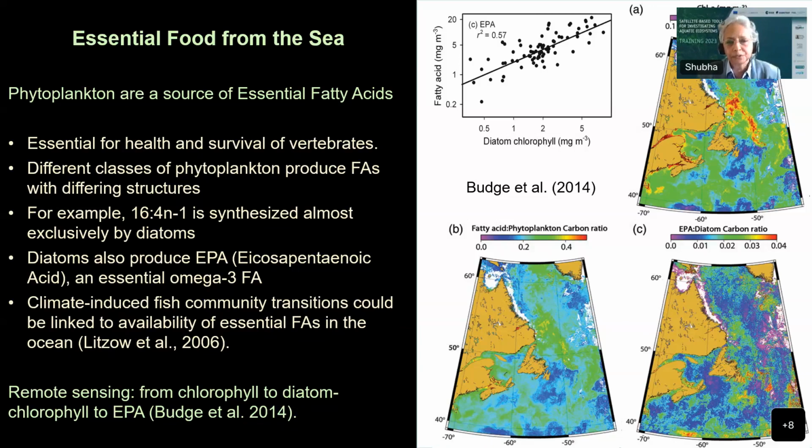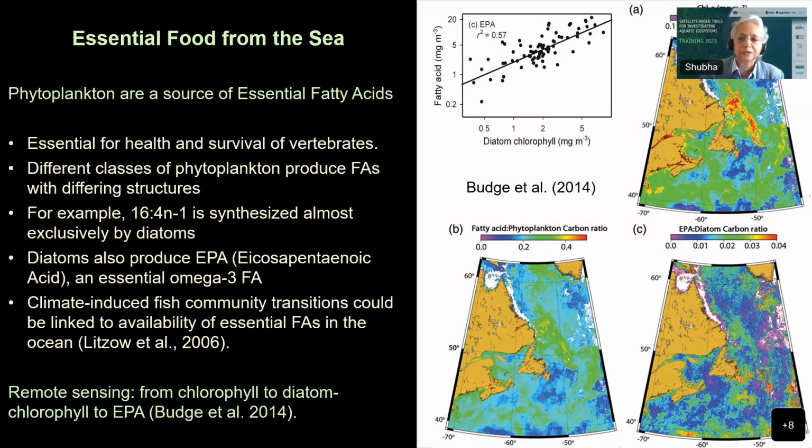There are concerns now that as fish communities change their distribution and abundance, there could also be a link to the availability of these essential acids from the ocean. Now, you may be surprised to know that there are methods to monitor some aspects of the distribution of these essential fatty acids from remote sensing.